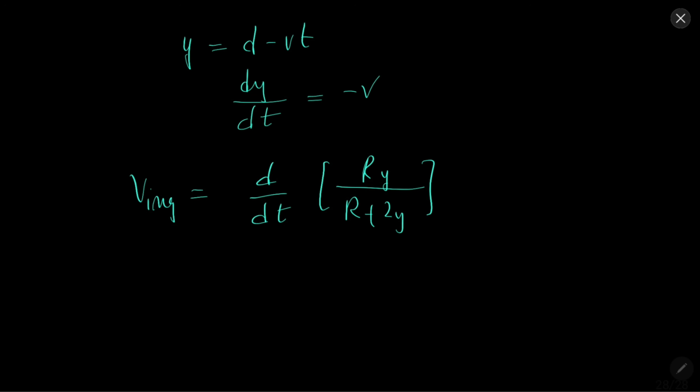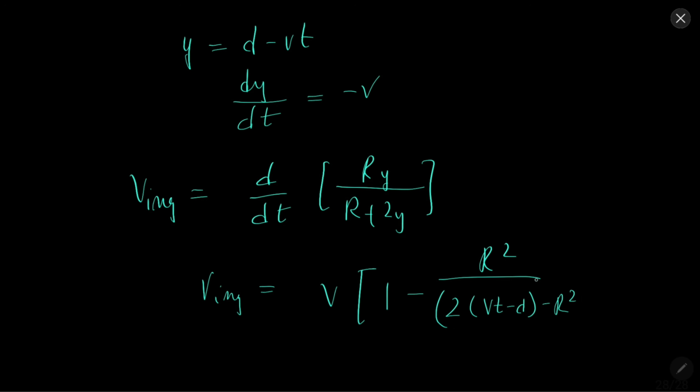After simplification it will be vr square over r plus 2y whole square. So if you put everything, 1 minus r square over 2 vt minus d minus r square.